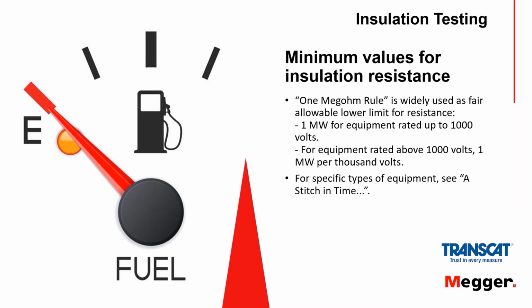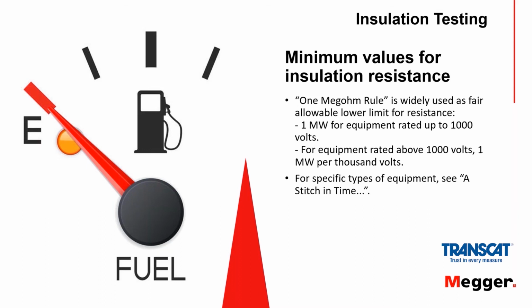And then for equipment that is up at higher operating voltages, it's 1 megohm per 1,000 volts. So something that's operating on 1480 or something like that, you'd want to see 2 megohms and so forth.